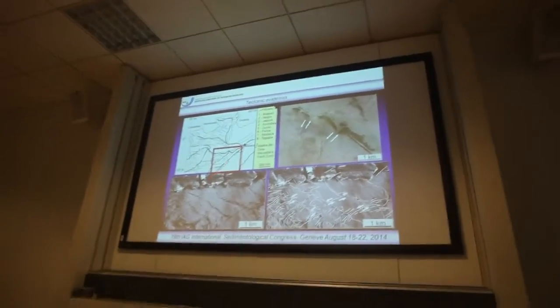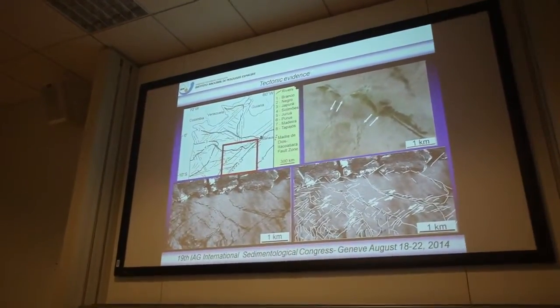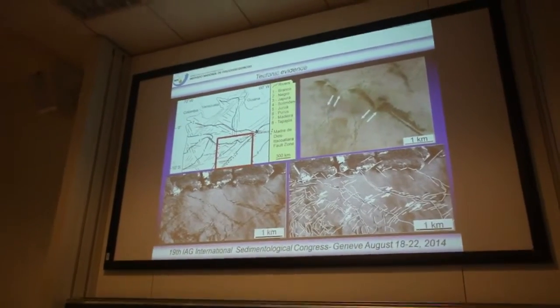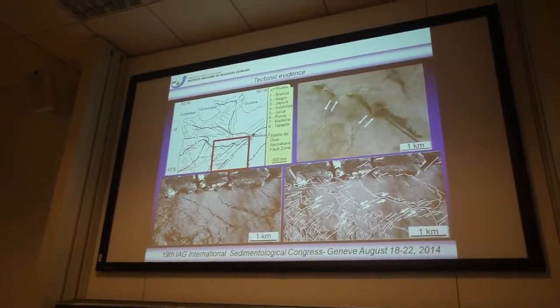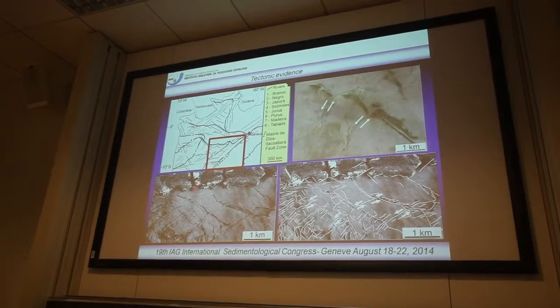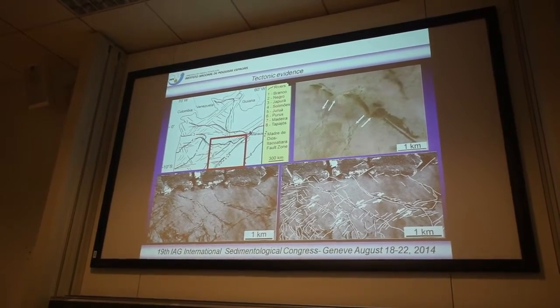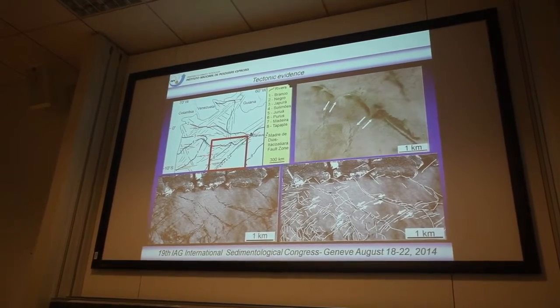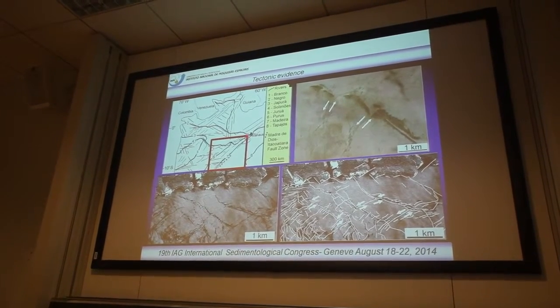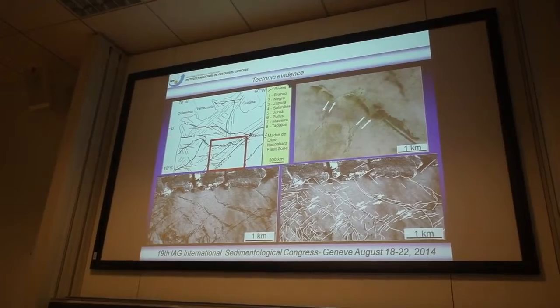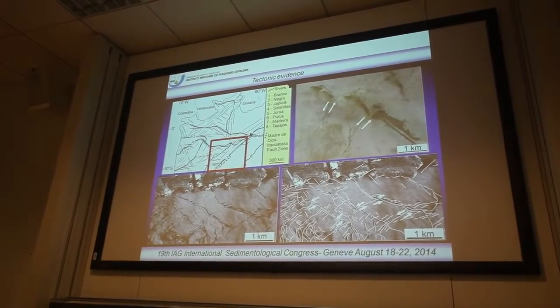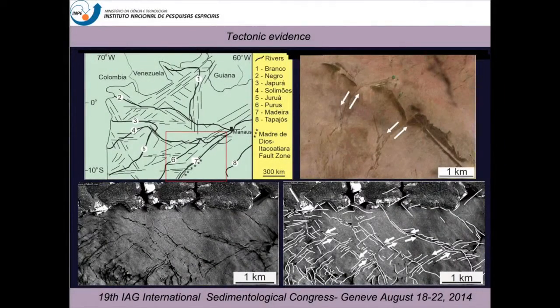The Madeira River is established right upon a very important strike-slip fault zone that cuts all the way through this area in a northeast to southwest direction. As you can see here, the main fault systems in the Amazon are these northeast and northwest-southeast oriented fault zones.